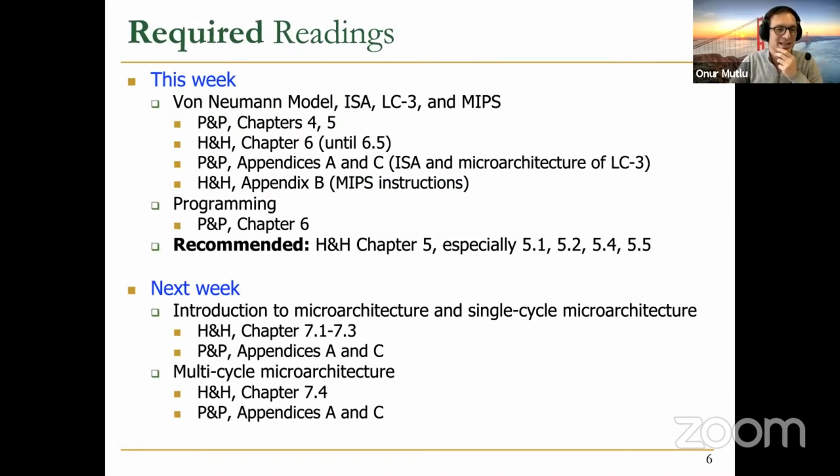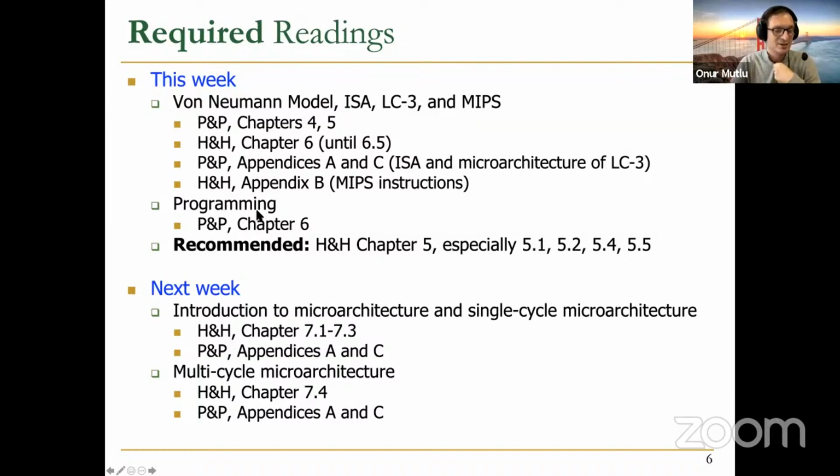Okay, and these are some readings. You can take a look at them. So I'm especially going to follow Pat and Patel, chapters 4 and 5 today. But Harris and Harris has a very different treatment of similar material in its chapter 6. And you can see that you can also find the ISA and microarchitecture and instruction definitions in different appendices of the books.